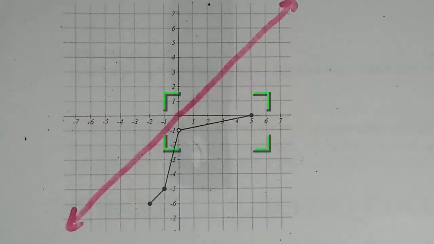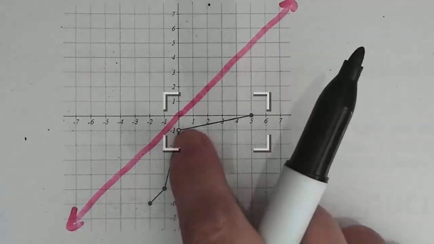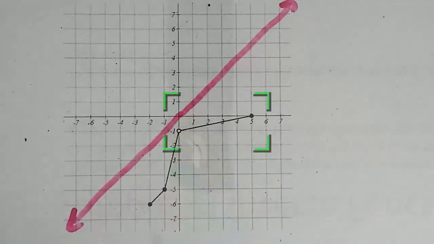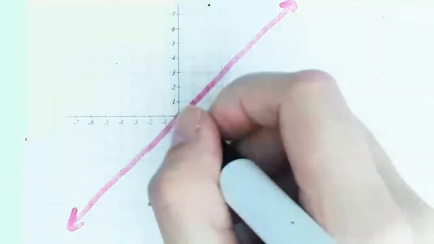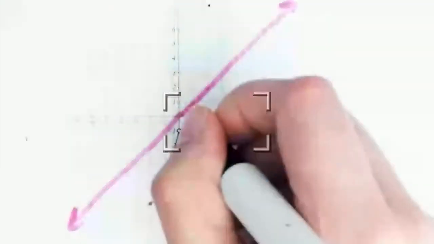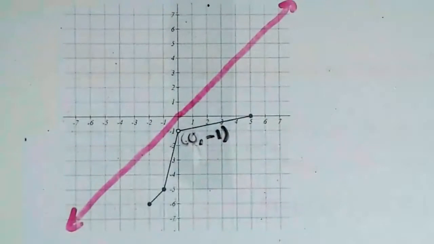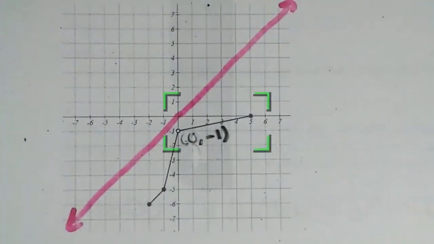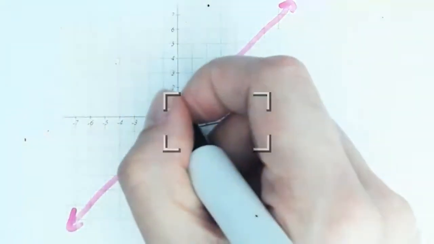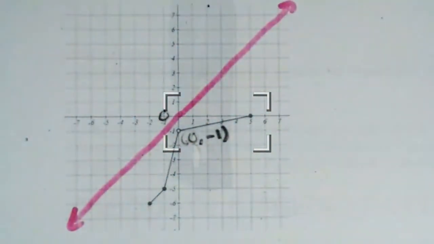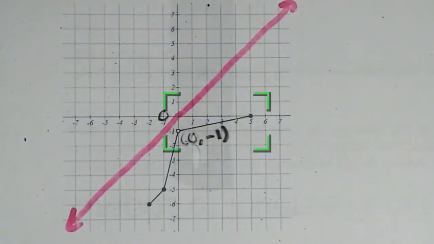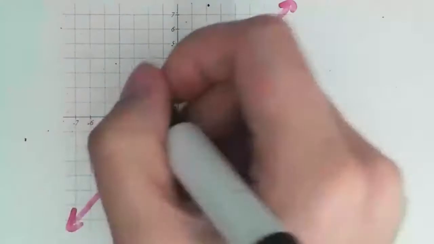And I'm going to show you a neat little trick. So this point right here that has an open circle on it is located at 0, -1. If I reflect it over this line, it's going to end up right here as an open circle. And the coordinates of that point are -1, 0.